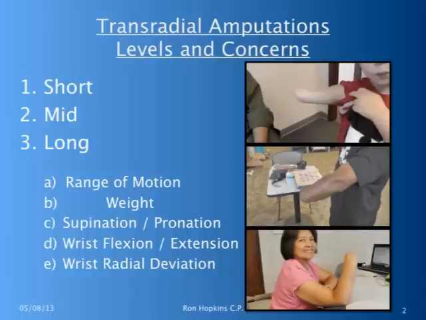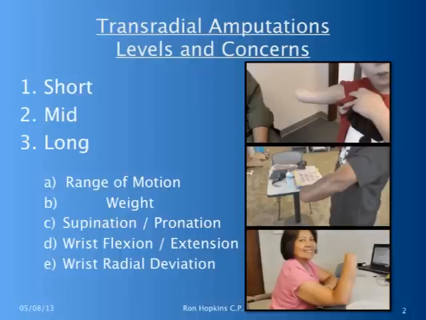How many of you have considered the importance of radial deviation? Most of us haven't. However, when we feed ourselves with a dominant hand, what are the motions that we perform? We perform elbow flexion, wrist deviation, and grasping, right?